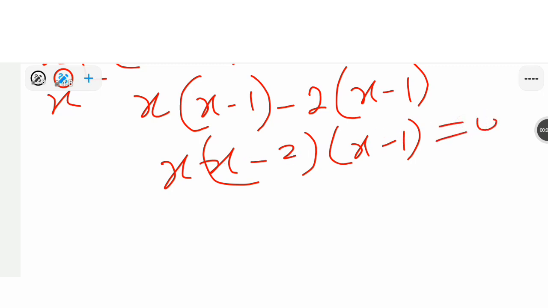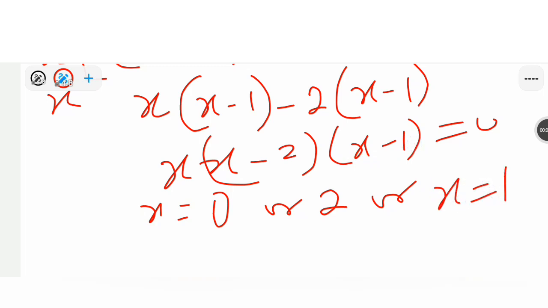The first one is x equals 0, or x minus 2 equals 0, then that means x equals 2, or if x minus 1 equals 0, then that means x equals 1. So the answers are 0, 2, or 1.